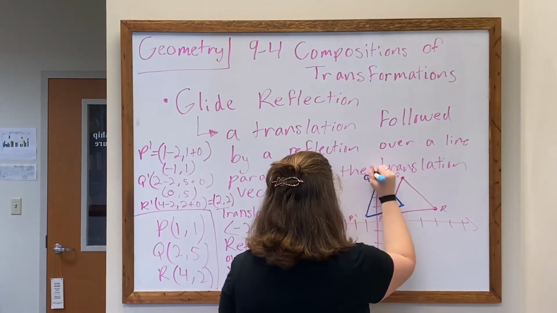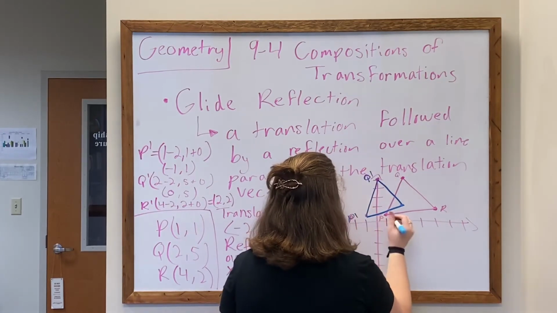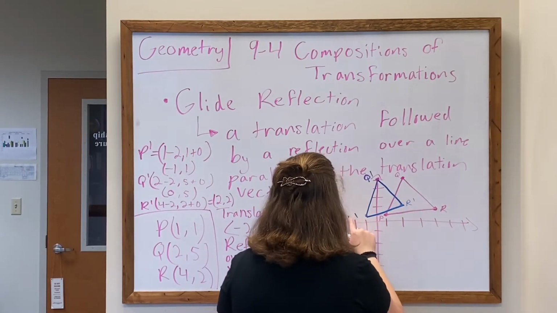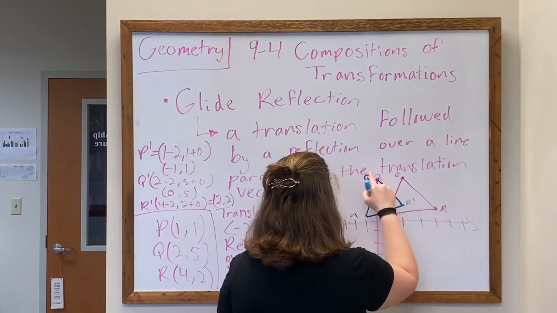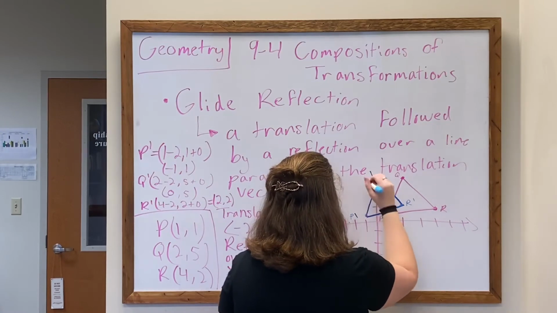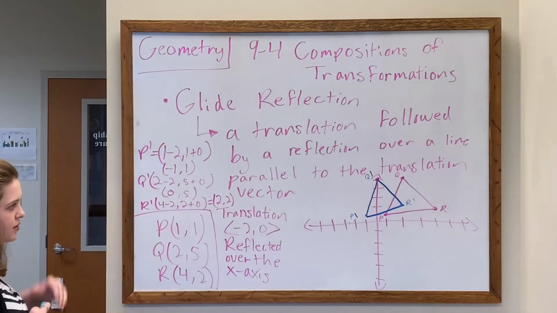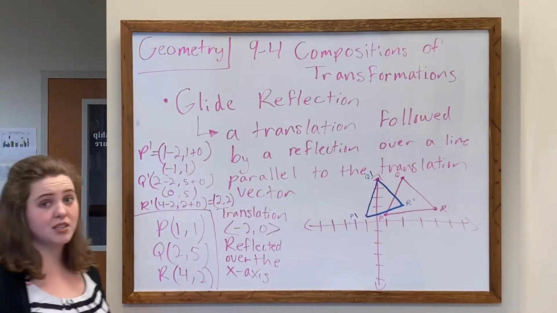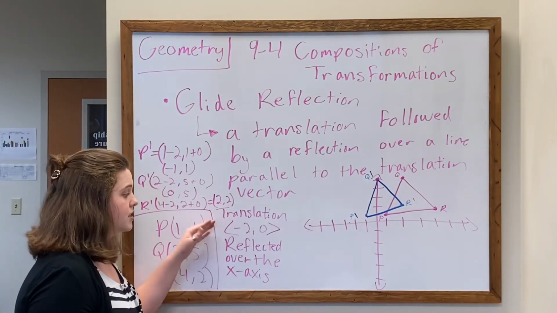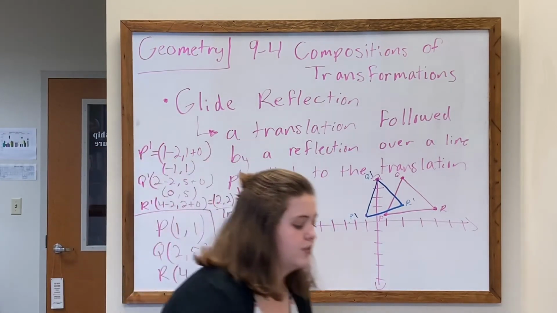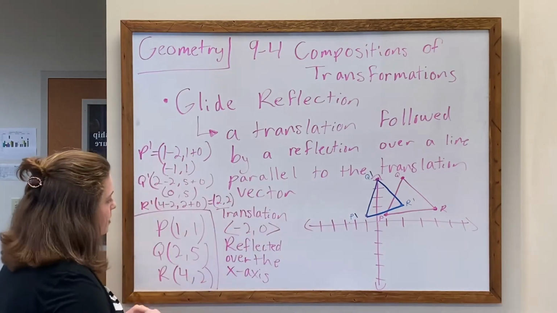There's my Q prime, my P prime, and my R prime. Okay, there's our second triangle. But we're not done because it doesn't ask just for a translation. It also asks for a translation that is then reflected over the x-axis.